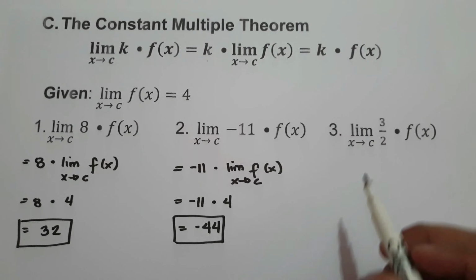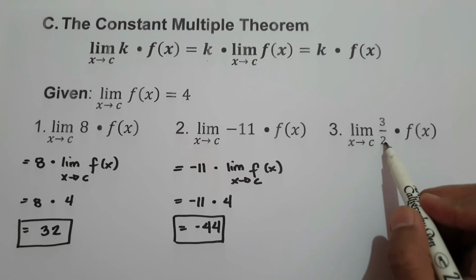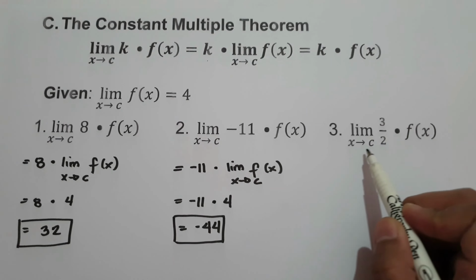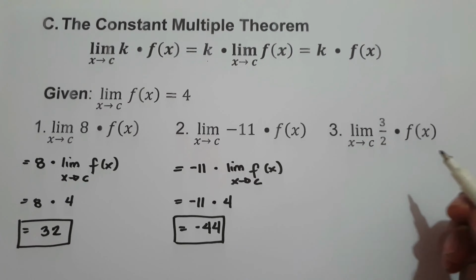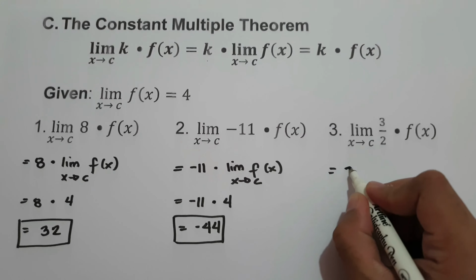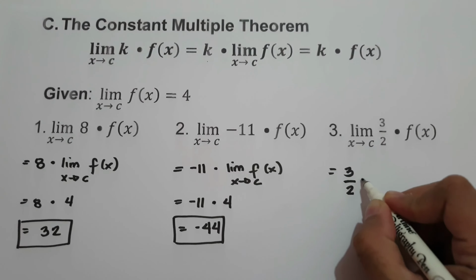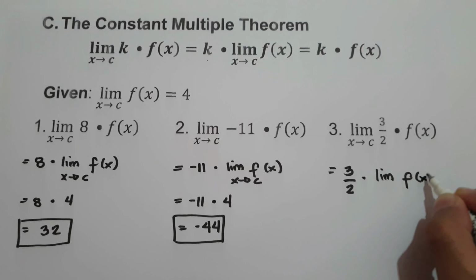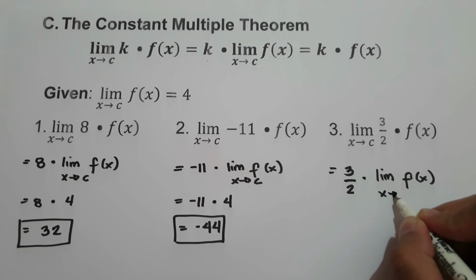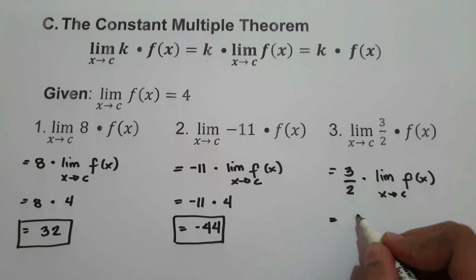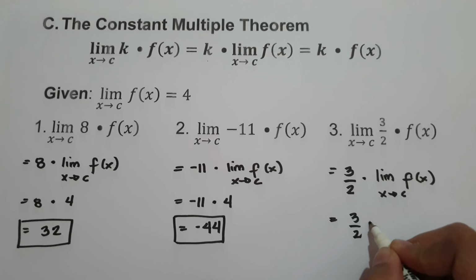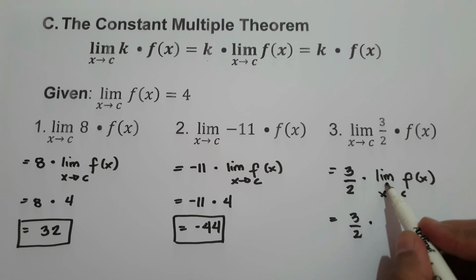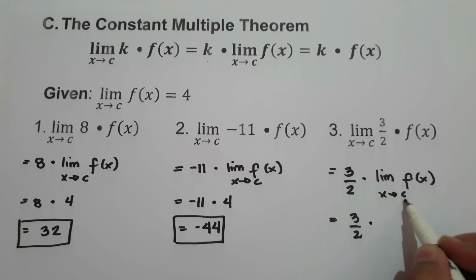The third one is the limit of 3 over 2 multiplied by f of x as x approaches c. So let us write this one as 3 over 2 multiplied by the limit of f of x as x approaches c.